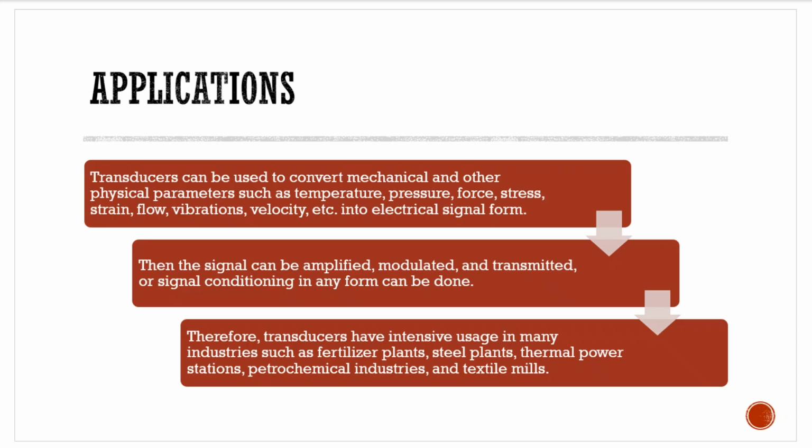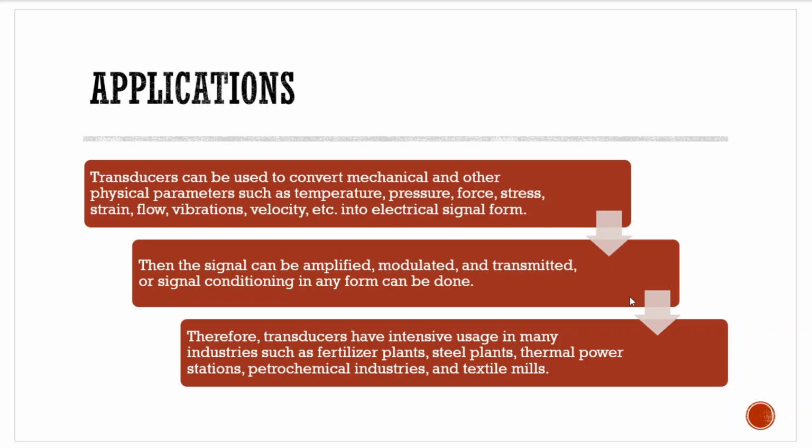So lastly, in the introduction to these transducers, the application areas: transducers can be used to convert mechanical or other physical forms of energy, such as temperature, pressure, force, stress, strain, flow, vibrations, velocity, etc., into electrical signal forms.